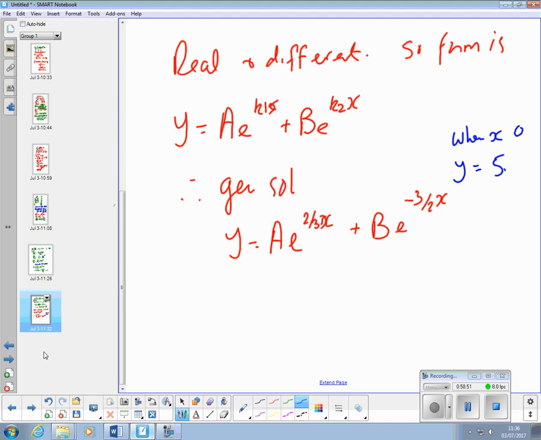So e to the 0, any number to the power 0, is 1. So these two terms here are both 1. So 5 is equal to a plus b. Equation 1.